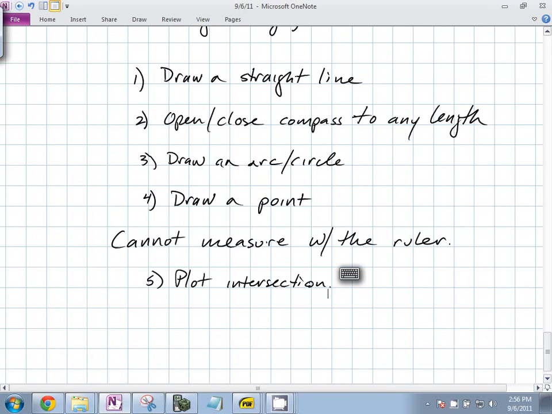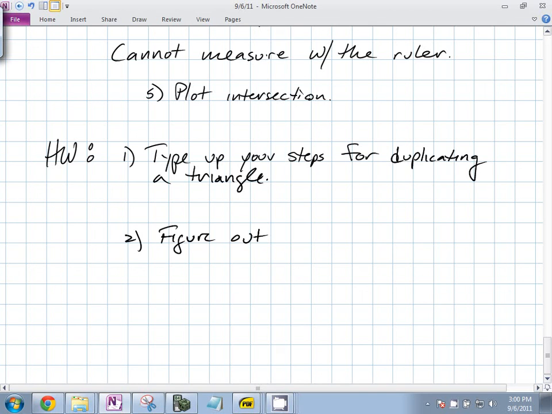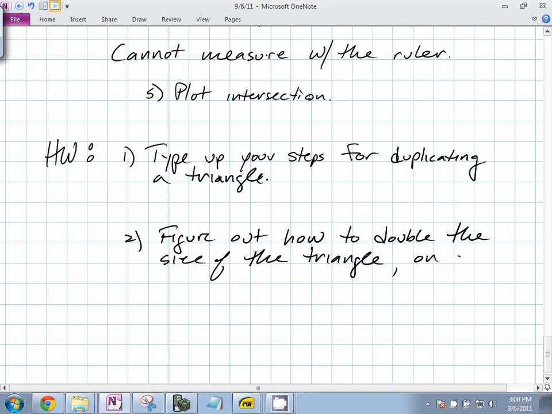Type up your steps for duplicating a triangle. And then the second part is to figure out how to double the size of the triangle on another piece of paper.